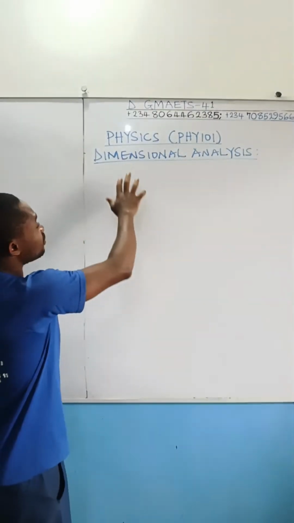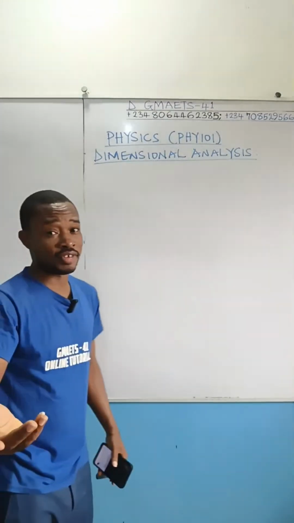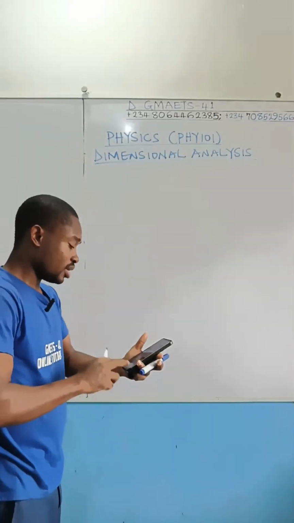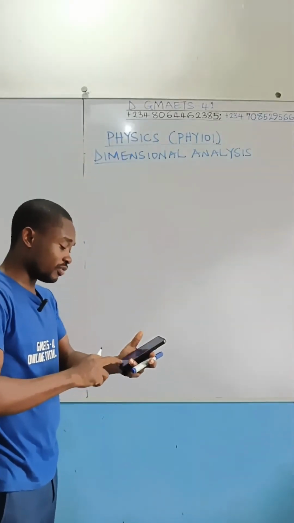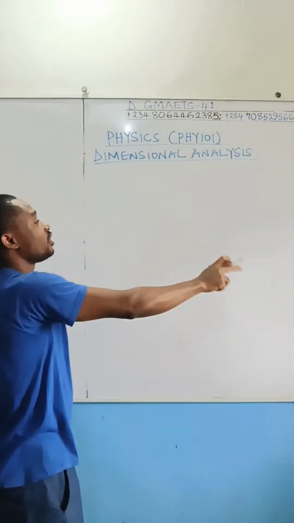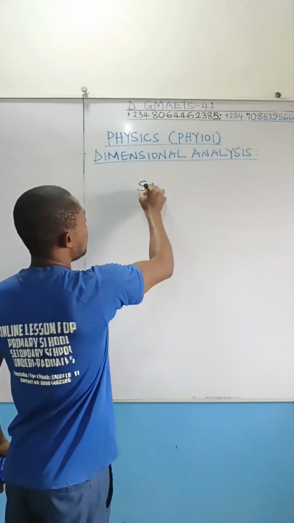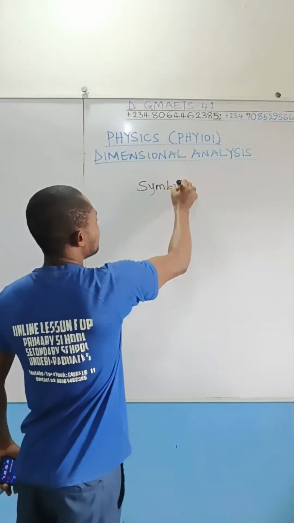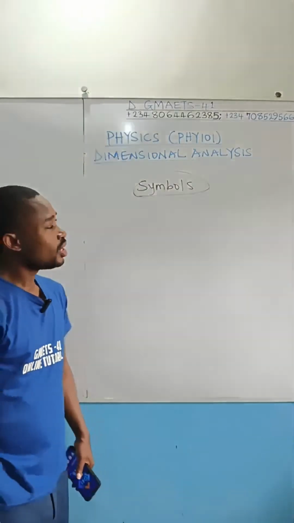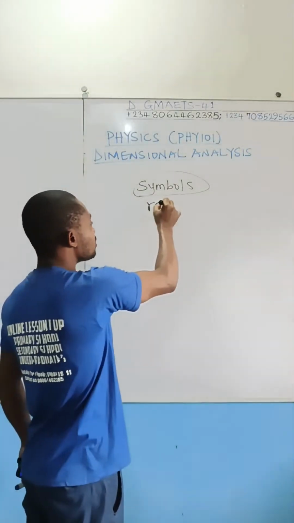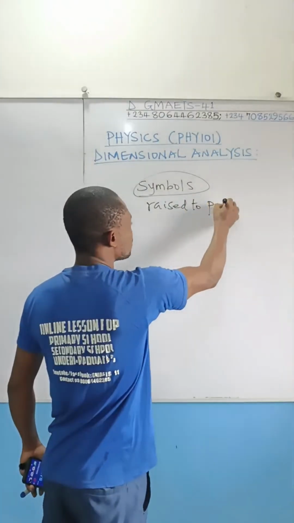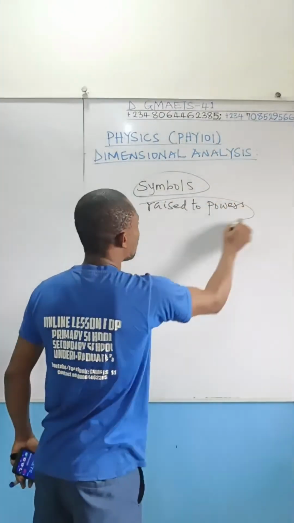Now, when we have defined this dimension, I want to highlight key terms of interest in this definition. You want to take note that whenever you're talking about the dimension of any physical quantity, we are interested in certain symbols. The symbols will be raised to powers.